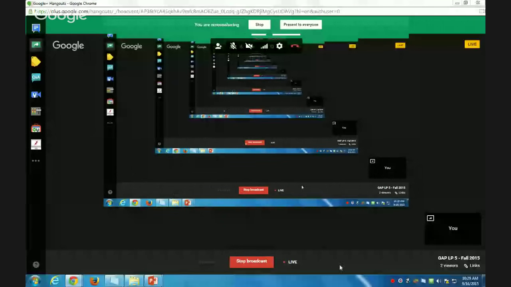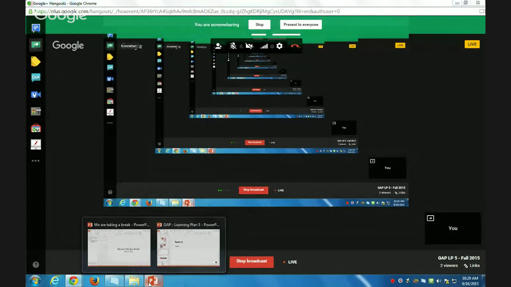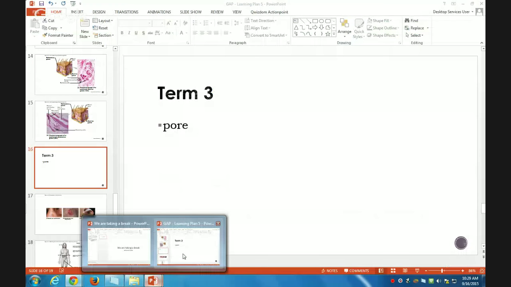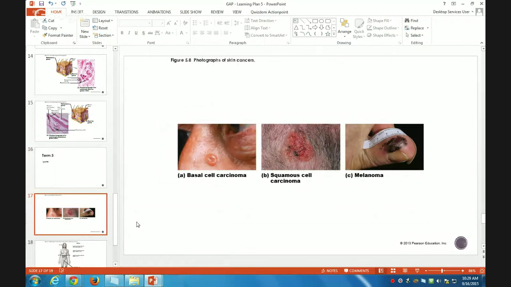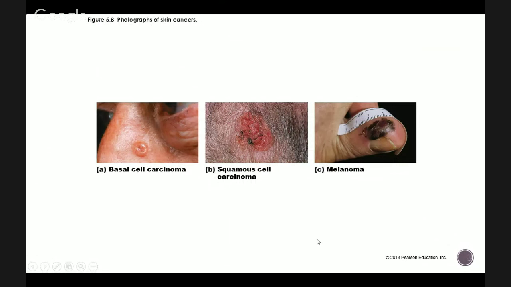And I just want to talk very quickly about some imbalances of the skin. But here are some examples of skin cancer. We have basal cell carcinoma. So what happens is we're affecting the cells of the stratum basale. That's what they call it, basal cell carcinoma.